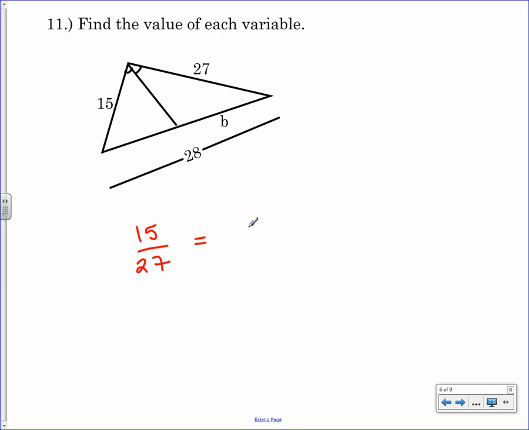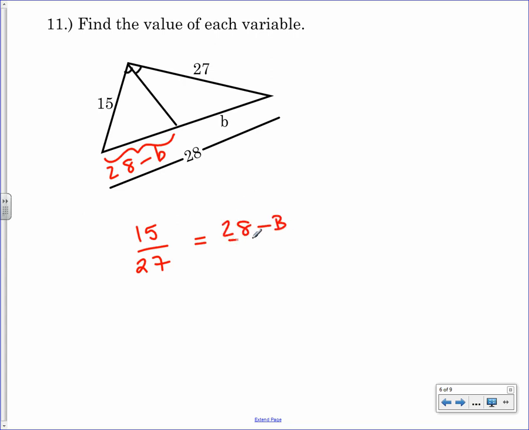If I say 15 over 27, what has to come first? I started on this triangle, so I need this piece. What's this piece? 28 minus b. You guys get that from the last couple days? Okay. So I'm going to say 28 minus b.